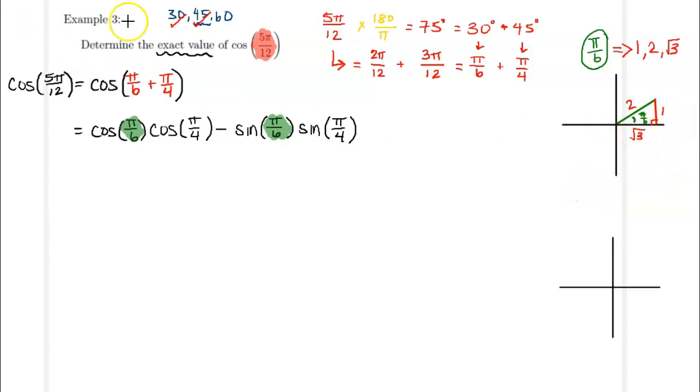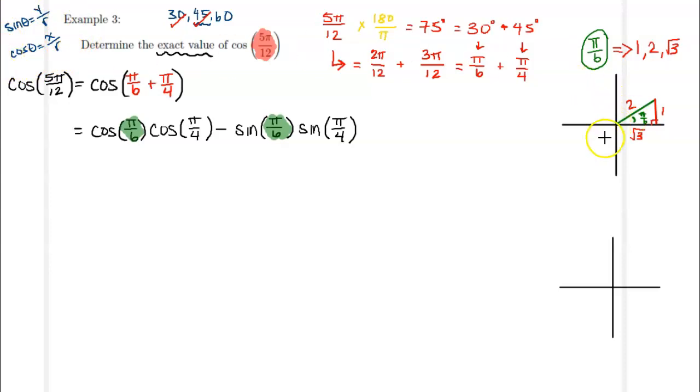Okay, so that's my step 1 drawn. Step 2, I've labeled my sides. Now I have to find both the sine and cos of pi over 6. Not forgetting that sine of theta is y over r, and cos of theta is x over r. Right? These are the things that hopefully you've memorized.